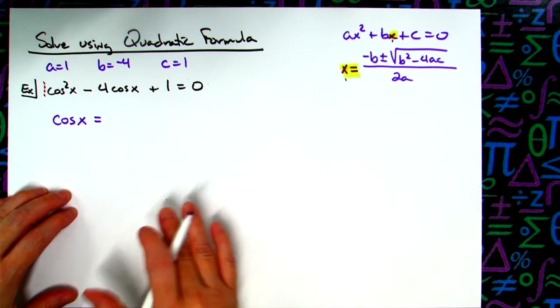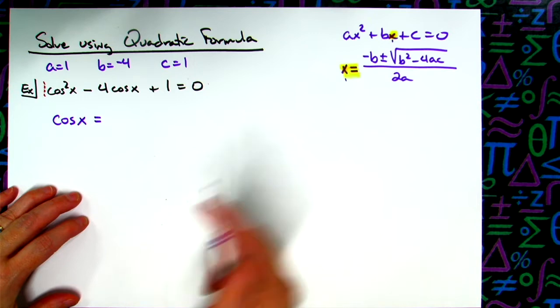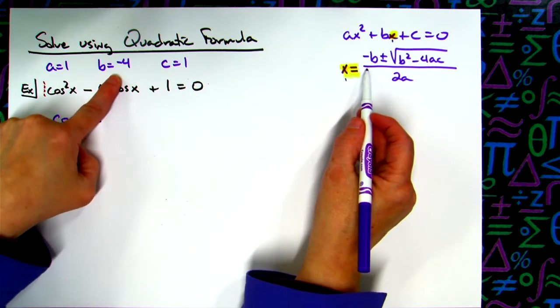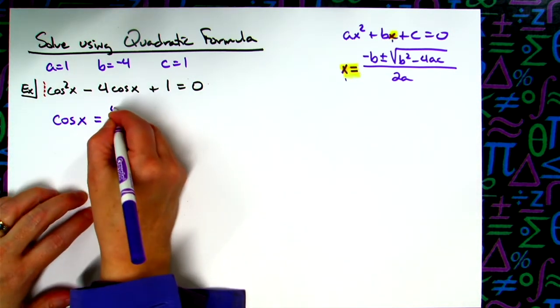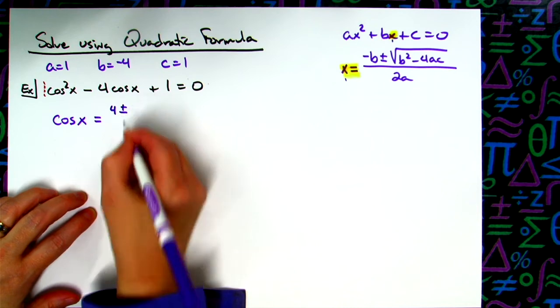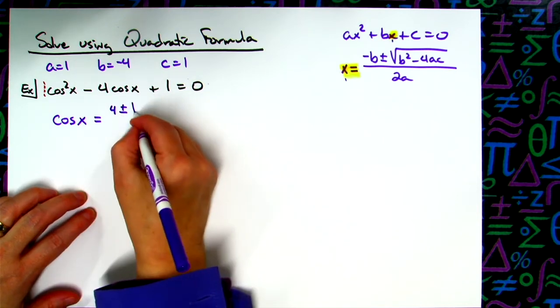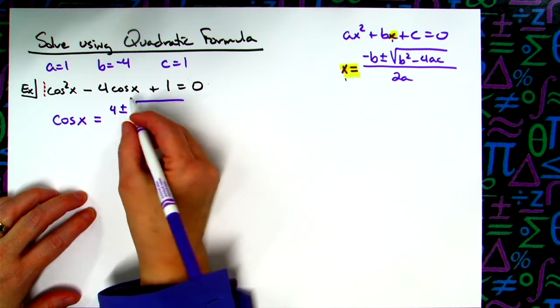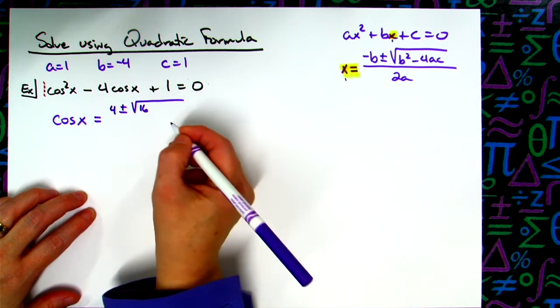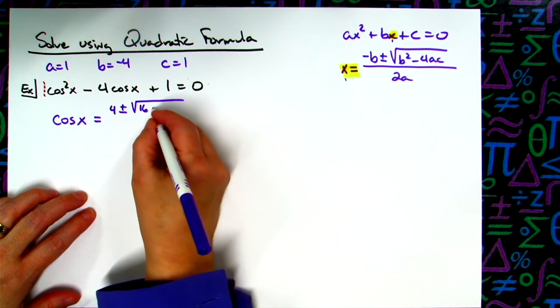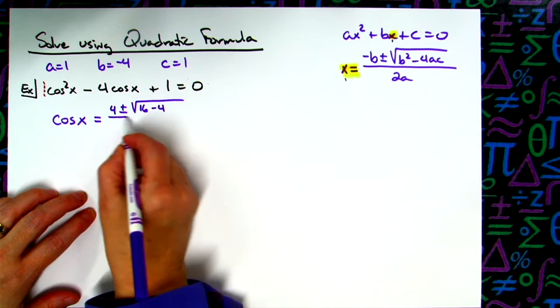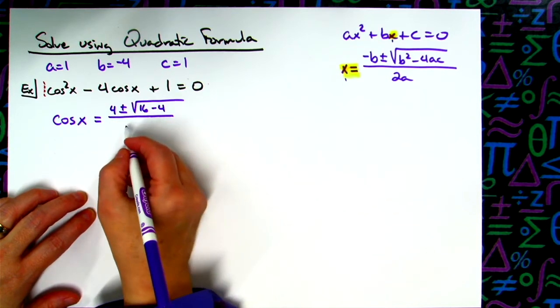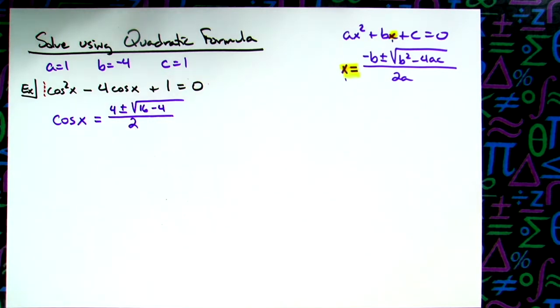Now, the right-hand side, I can just plug in the numbers and make it work. Negative b, so negative 4 gives me a positive 4, plus or minus the square root of negative 4 squared, which is 16, minus 4 times 1 times 1, all over 2 times 1, which is just going to be a 2.